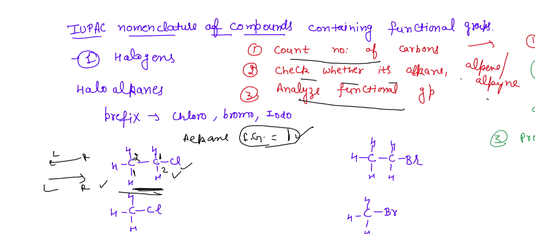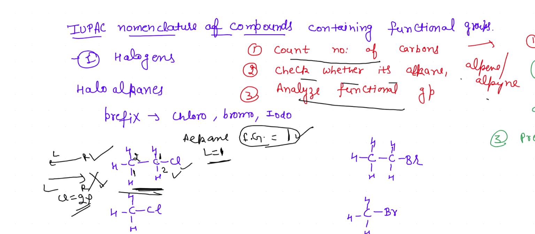Here, if we go from left to right, this is the wrong way, and the correct way is when we go from right to left, because the chlorine gets the locant position 1. But in the second case, left to right, the chlorine gets locant position 2. So it should be the lowest position here. So the numbering should be from right to left.